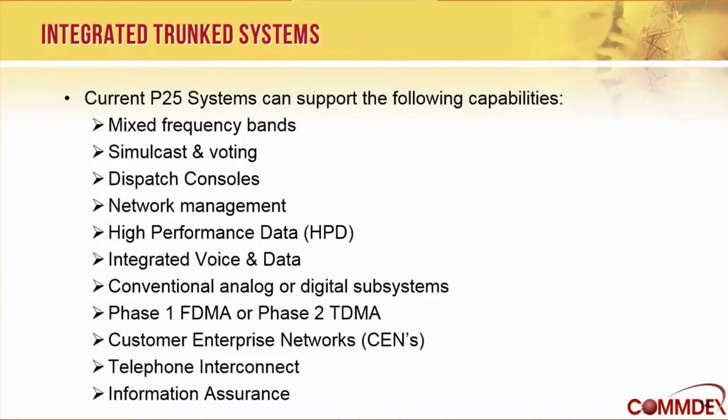Those are third-party applications that will work with the trunk system. You can also interconnect to the public telephone network, and you can also have information security and information assurance on your IP infrastructure.